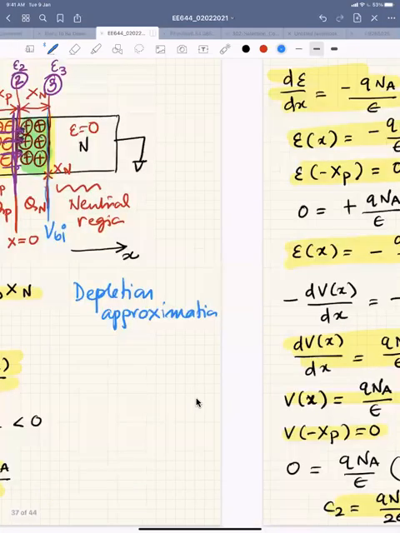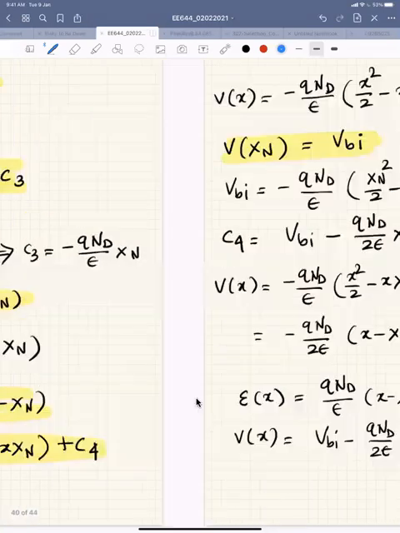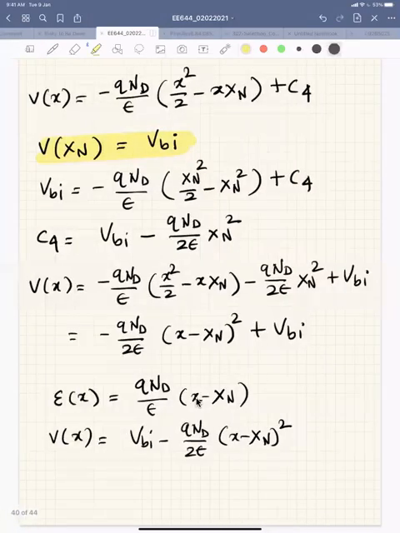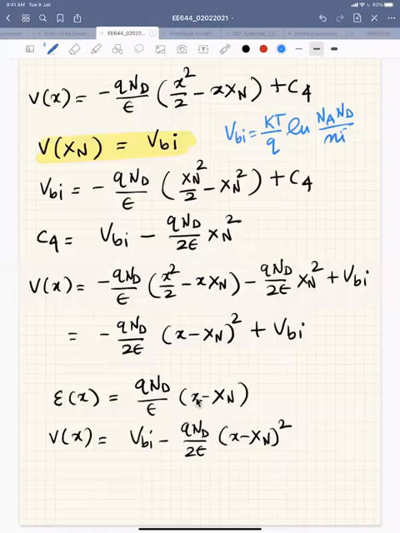So if I put this boundary condition, the potential at xn is VBI. I derived VBI in the last class: kT by q ln of na nd by ni square. So your built-in potential will depend on the doping of both the regions.